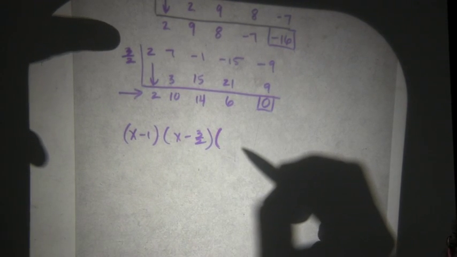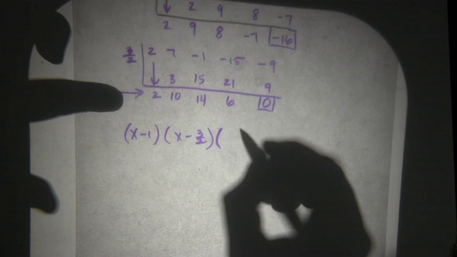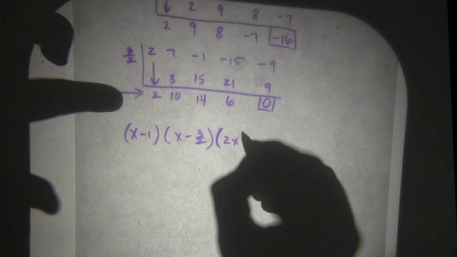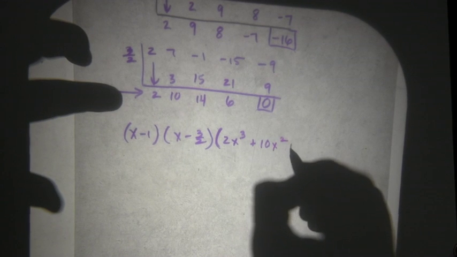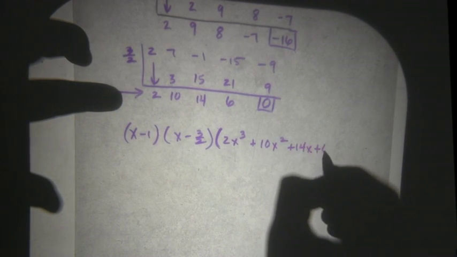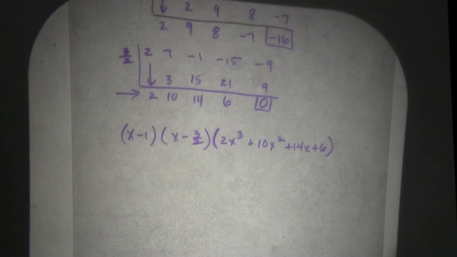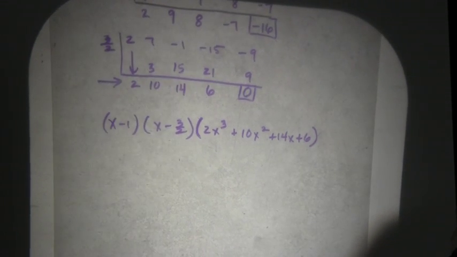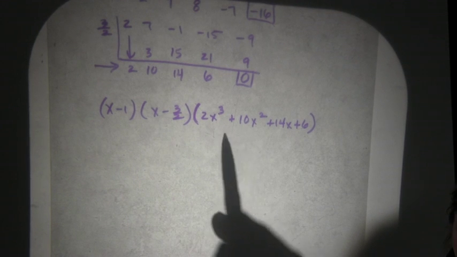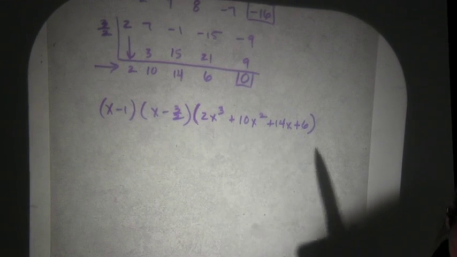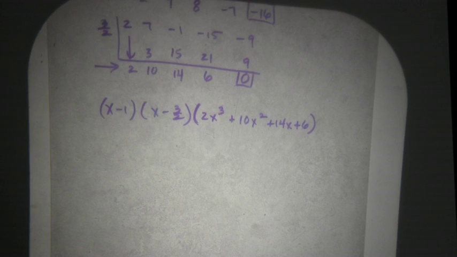This polynomial was a 4th degree, so now we are at a cubic: 2x cubed plus 10x squared plus 14x plus 6. So I'm getting there. I've got 2 of my factors already. I feel like I still need some more, because a cubic is still pretty large to leave like that. You'd want to try to get down to linear if at all possible.